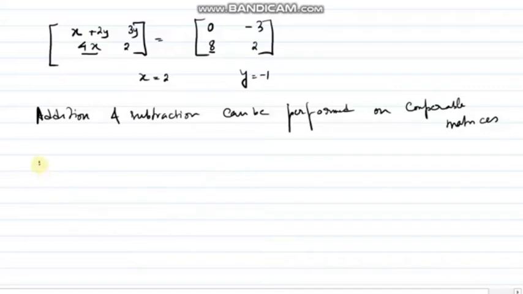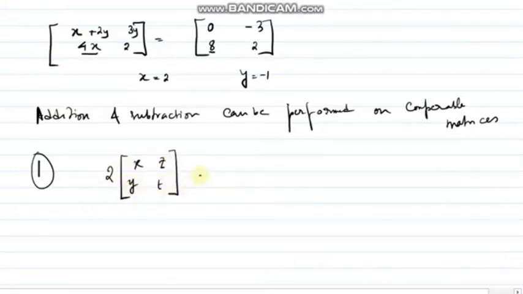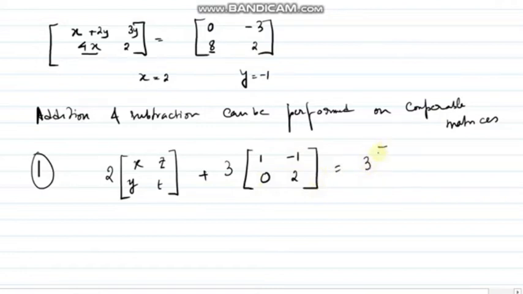So let's do a couple of sums. First sum, scalar multiplication is also involved in this sum. The sum is 2 times [x, z; y, t] plus 3 times [1, -1; 0, 2] equals 3 times [3, 5; 4, 6]. So what is scalar multiplication?